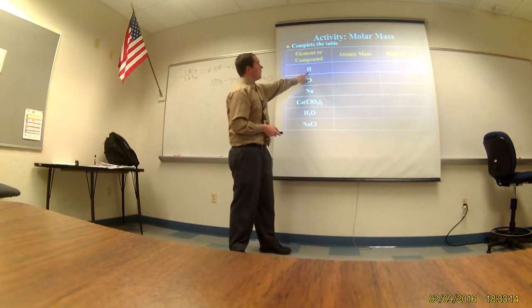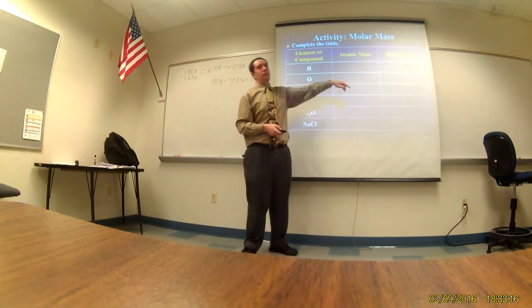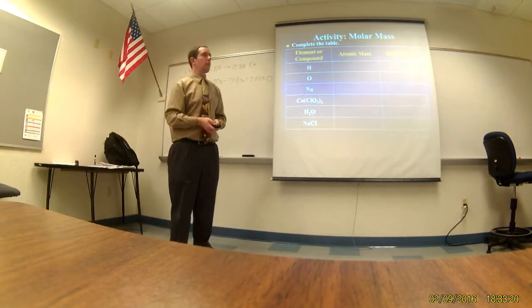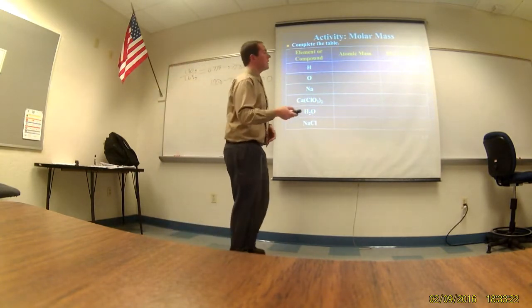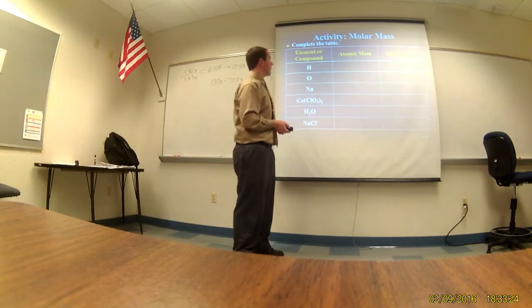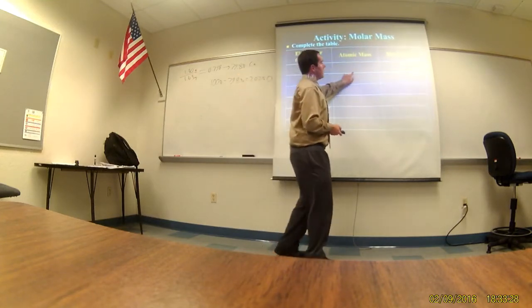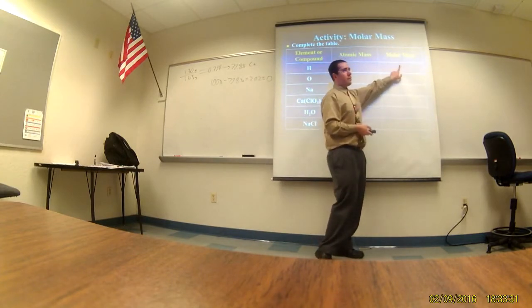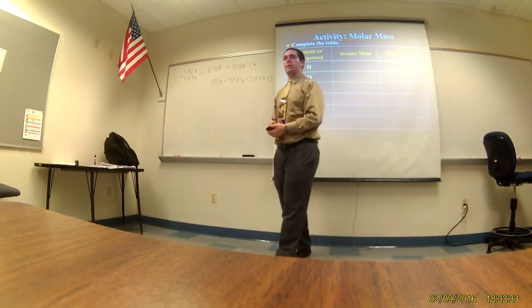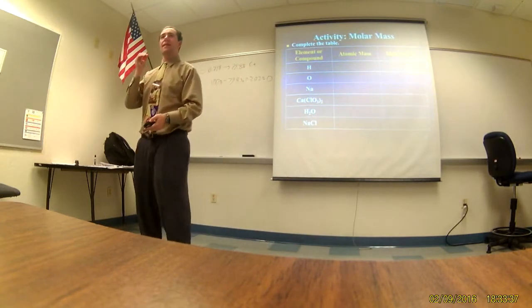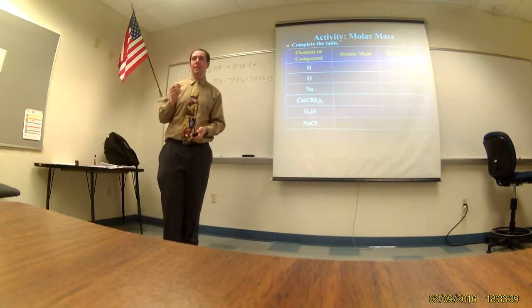So, this is hydrogen. What is the atomic mass of a hydrogen atom? 1.0079. Okay? We're going to get a little bit trickier. When we come over to the molar mass, the things that are diatomic, is hydrogen diatomic?